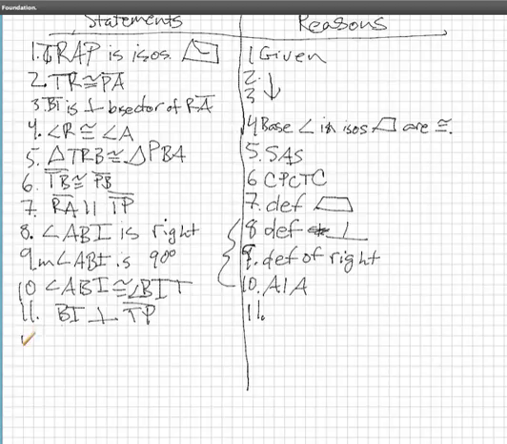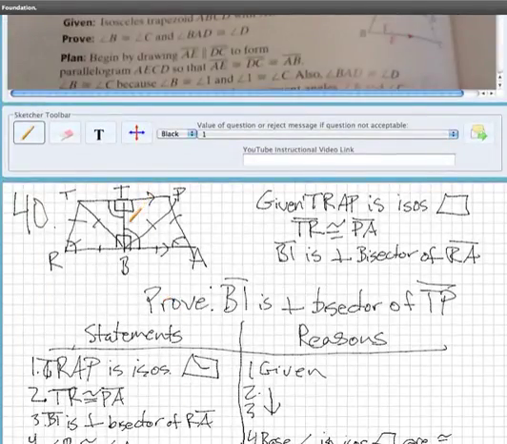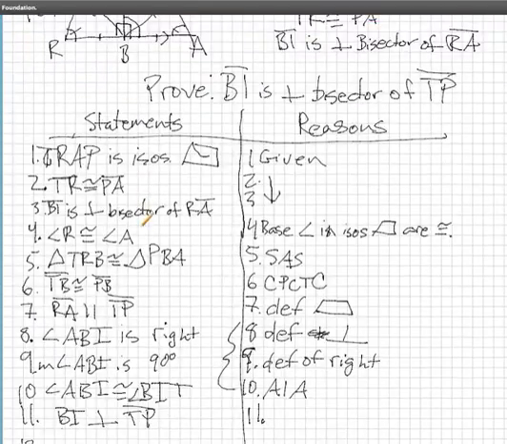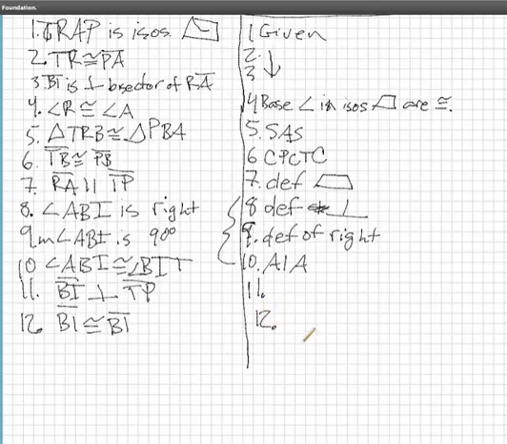So we can actually prove that those two triangles are congruent because we know that BI is congruent to itself due to the reflexive property.